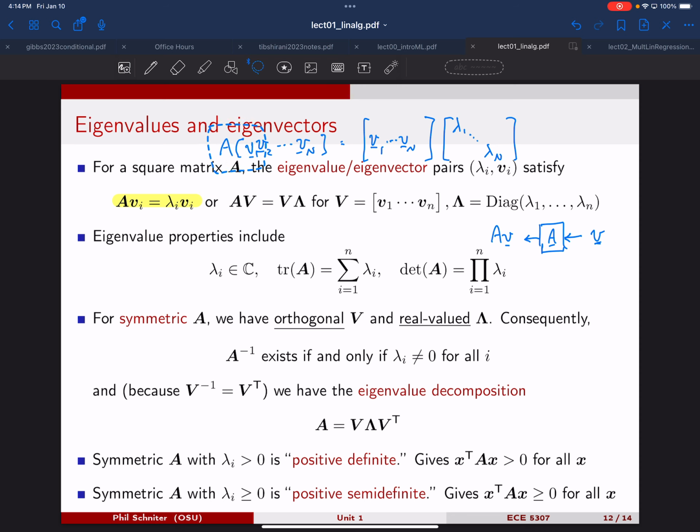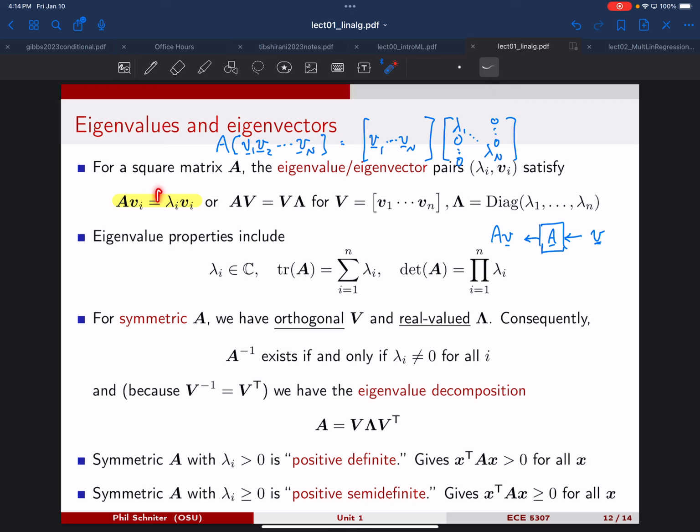So the first column, this guy here, would be this times this. Let me be explicit and put the zeros down there. This is a diagonal matrix. If you multiply this times this, you get lambda 1 v1 plus 0 times v2 plus 0 times v3 and so on.